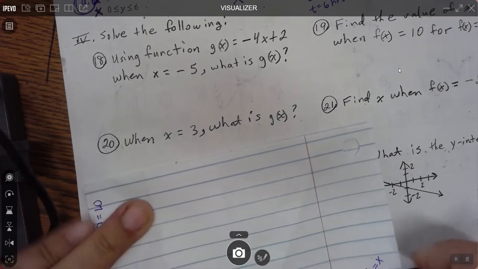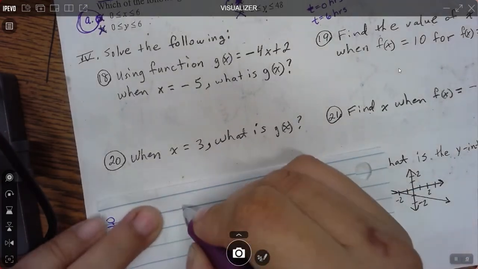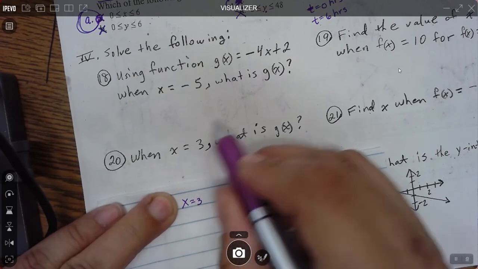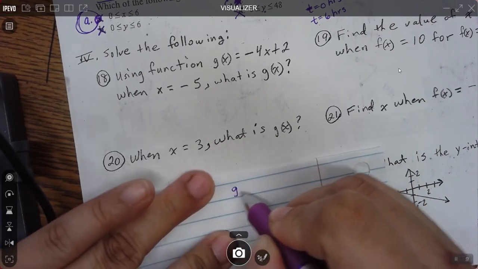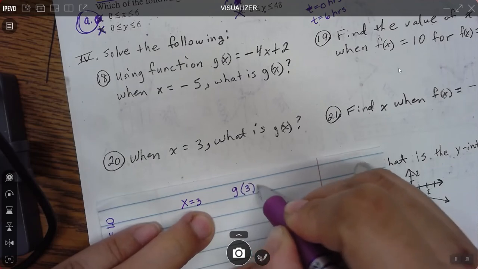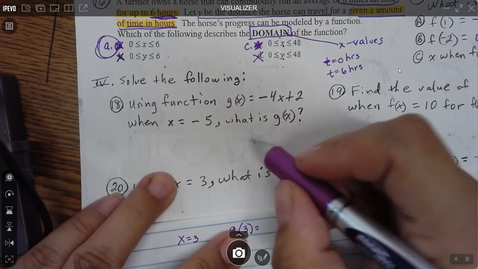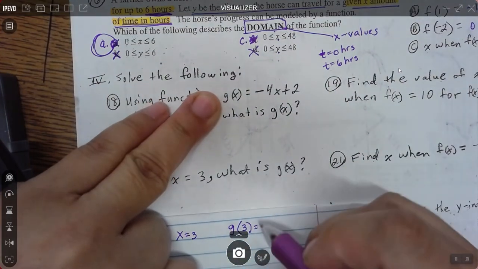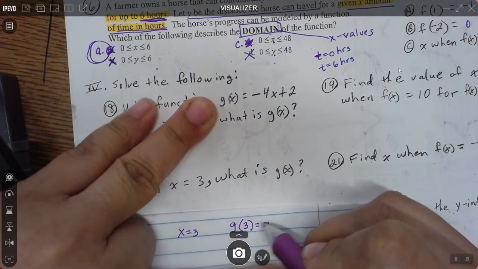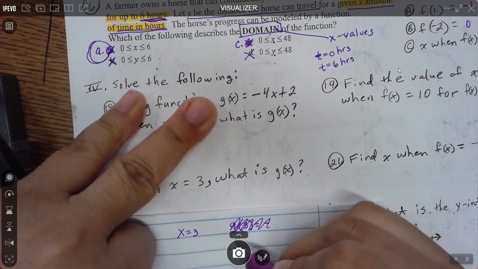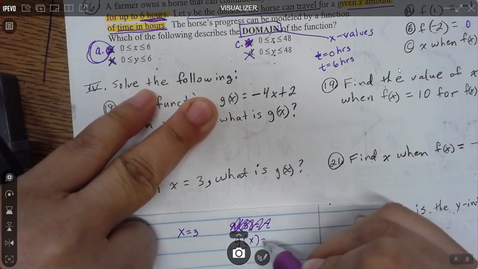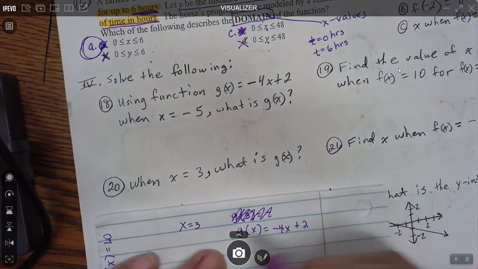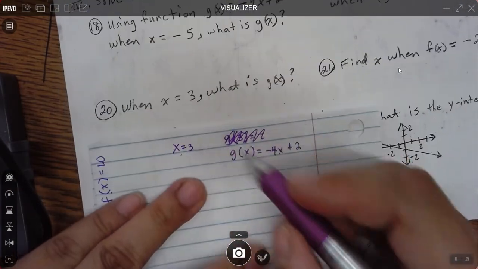Number 20. When x equals 3, so see now they're giving us x. So when they're giving us x, we're going to plug it into x, right? So we're looking for g of 3. And what was g of x again? Oh, right here. G of x equals -4x plus 2, right? And we want x to be 3, right?